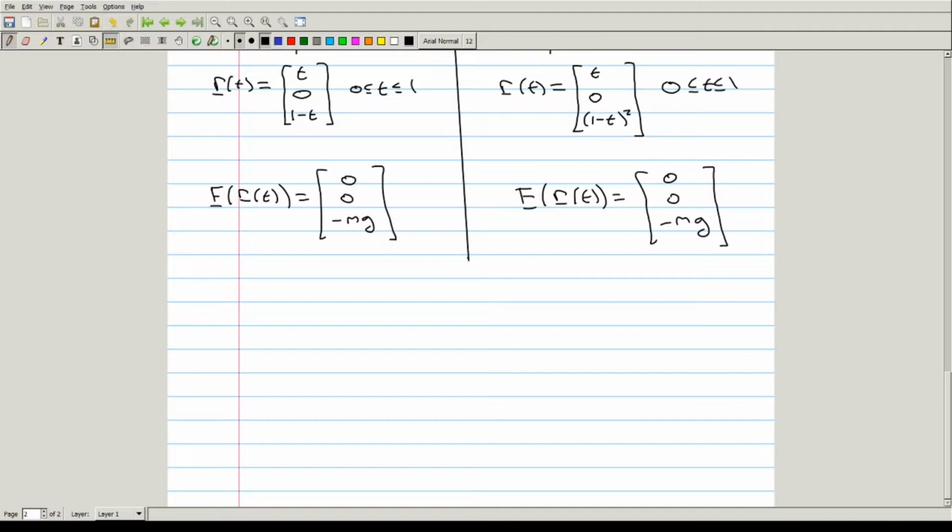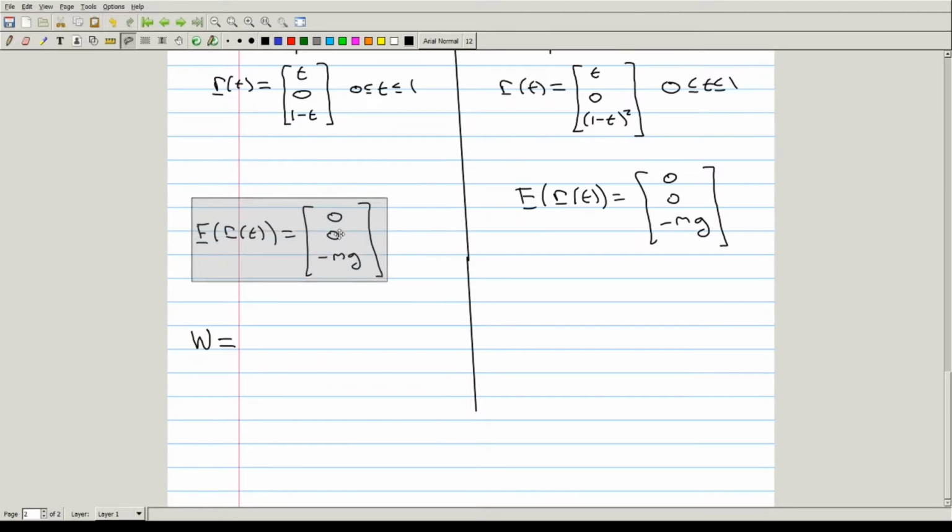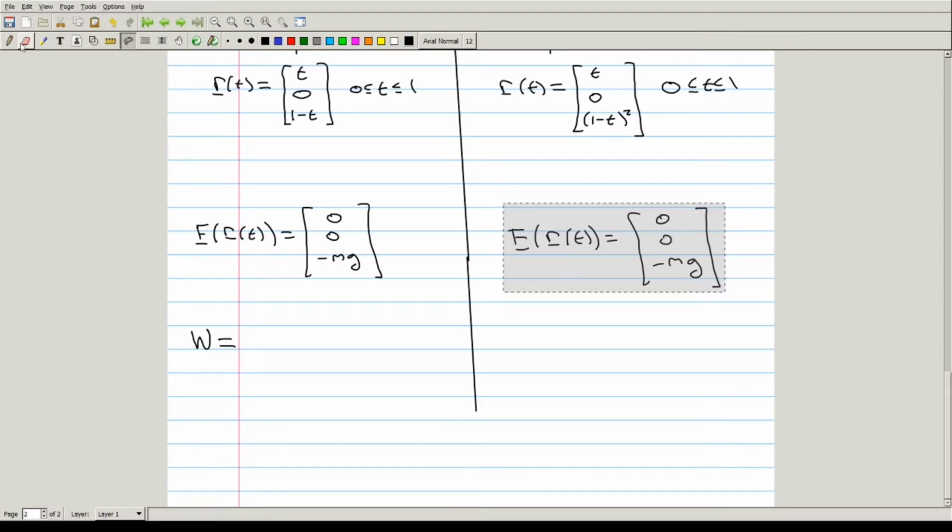So if we continue onwards, now that we have the curve r of t parameterized, and we have F of r of t, we can go through and evaluate the work, or the line integral for work. I guess before we do that, we know that in that line integral we're going to need the expression for r prime as well.